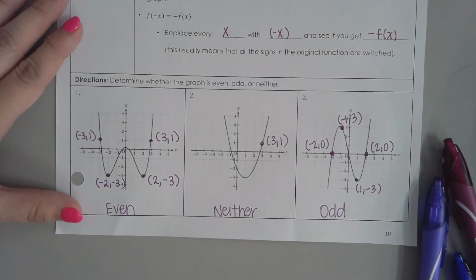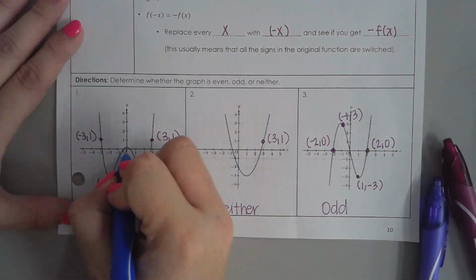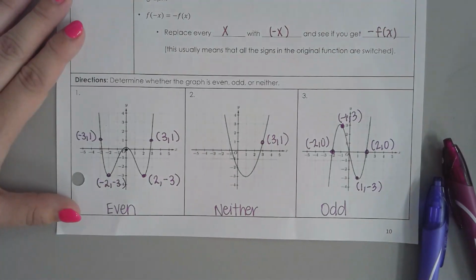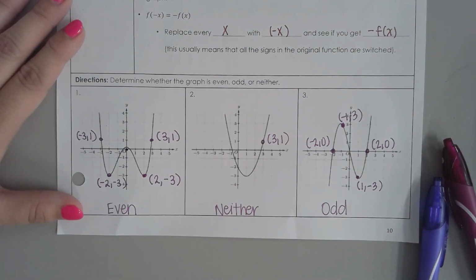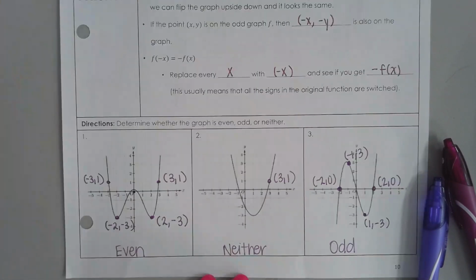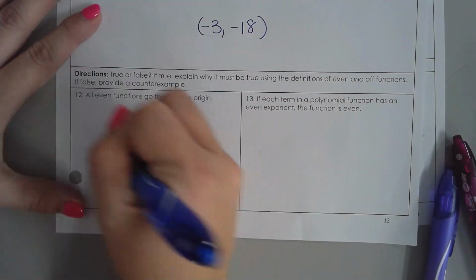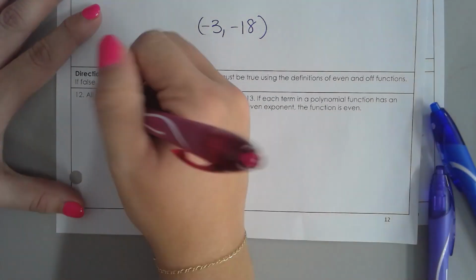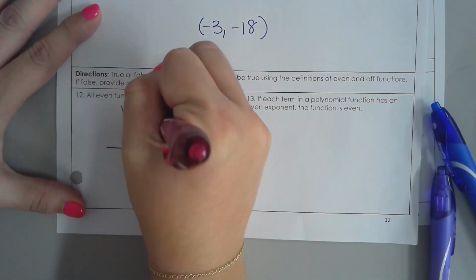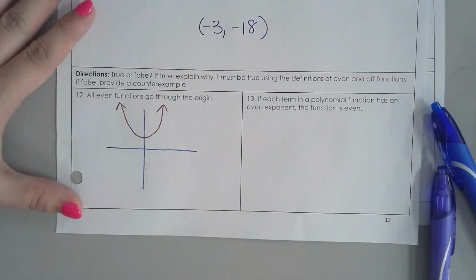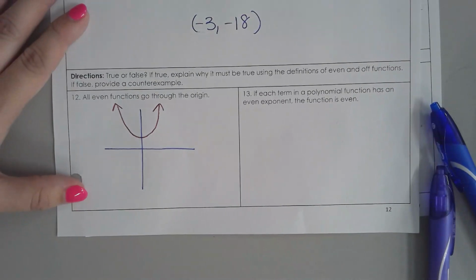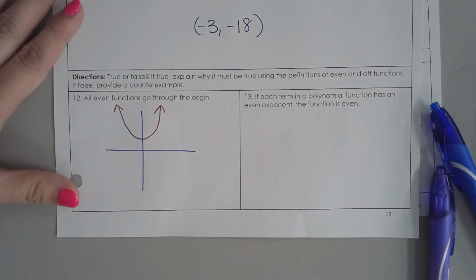Still think it's true? There's the origin. Yep, it's false. So, for example, that's an even function. Sort of. I drew it kind of bad, but it does not cross through the origin.